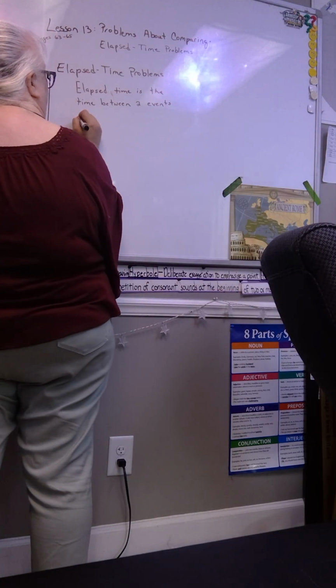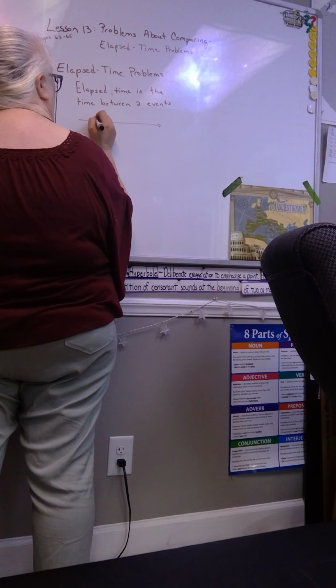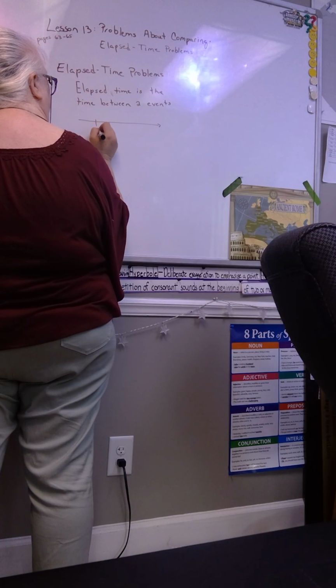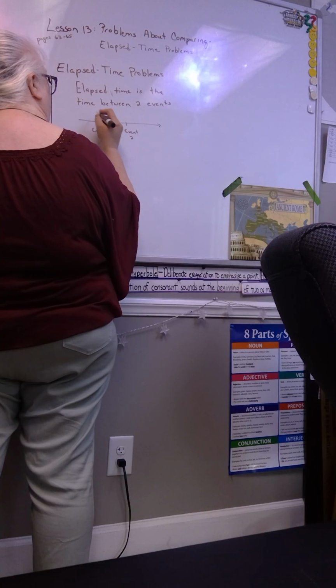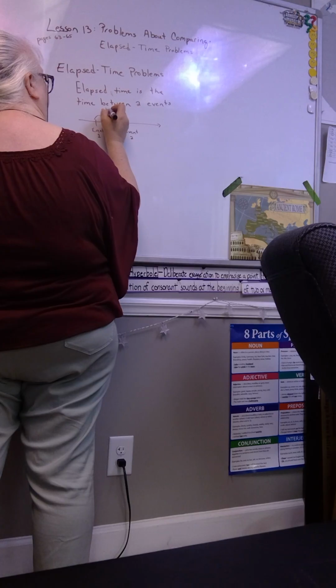They illustrate it this way on the array. We have event 1, we have event 2, and this space in between is the elapsed time.